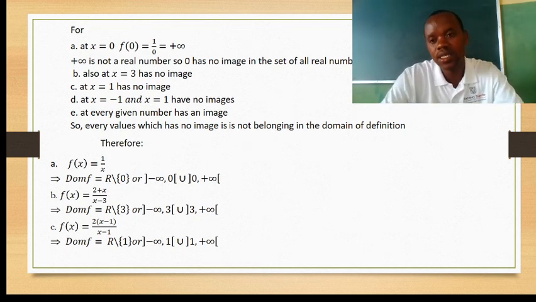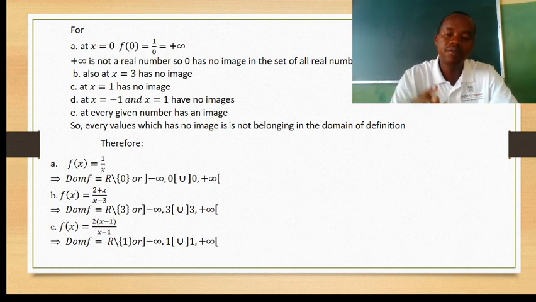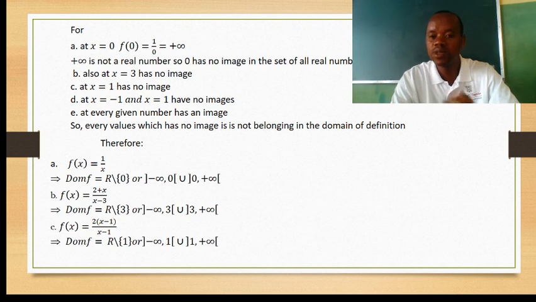In this case, the domain of definition will be all real numbers except element 0, because 0 is the one which has no image.